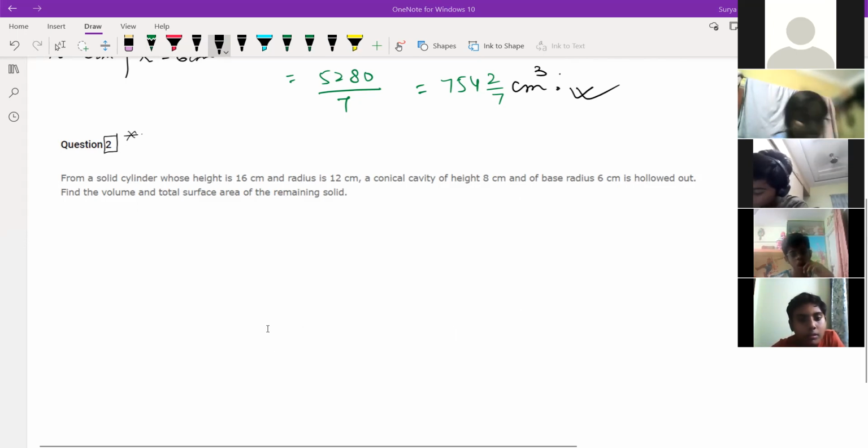Find the volume and total surface area of the remaining solid.